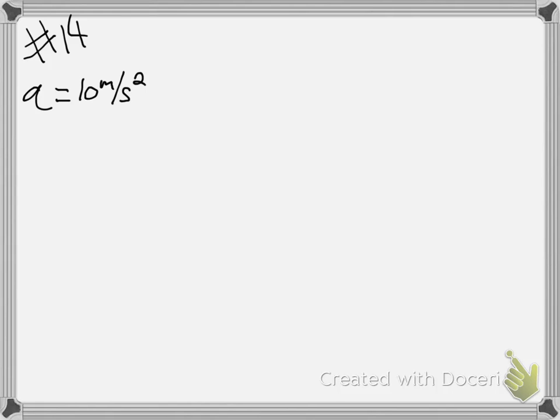So when a ball is thrown straight up at a speed of 80 meters per second, so that's our speed or velocity initial, 80 meters per second. How long will it take to reach zero speed?